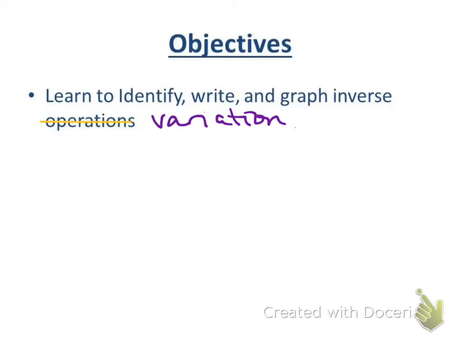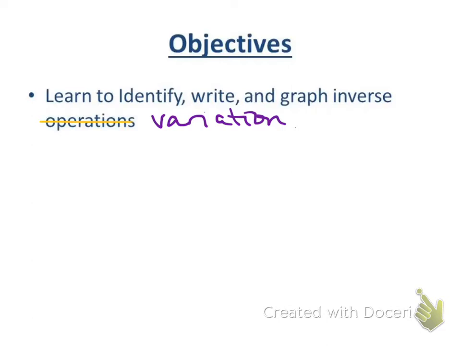Inverse variation is a new term for us. If we don't know those two terms and definitions very well, then we're going to get confused when we're told to write a direct variation or write an inverse variation. And because there's direct variation, we're going to want to call it indirect, but it's inverse variation.